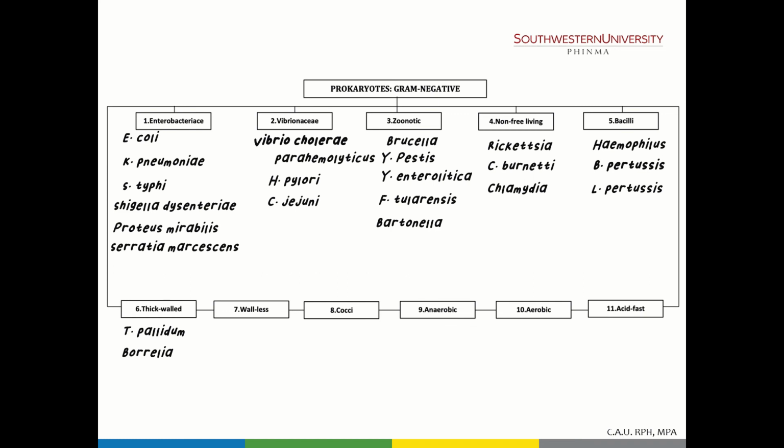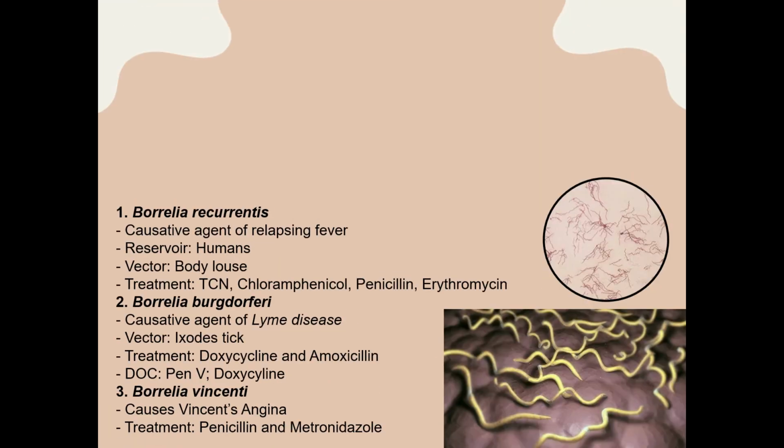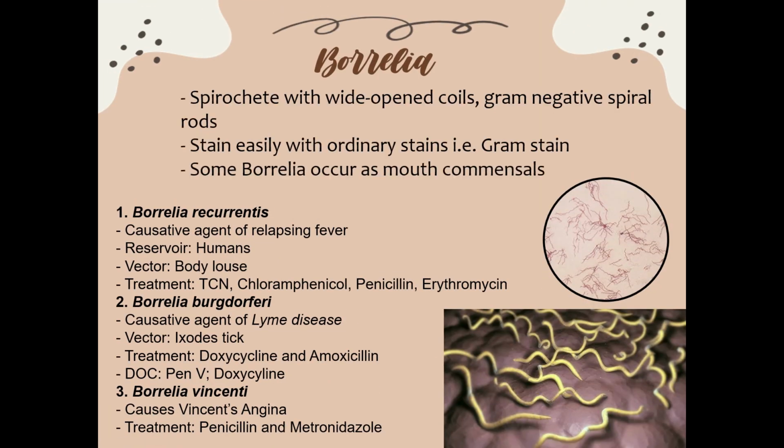Next is Borrelia. Borrelia has 3 strains. Recurrentis is from the word recurring, or fever that keeps coming back. Burgdorferi causes Lyme disease, which is transmitted through the bite of the black-legged tick or deer tick.